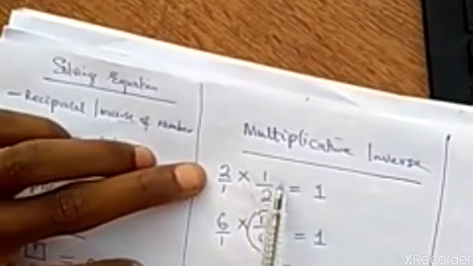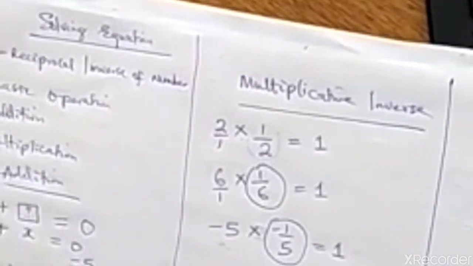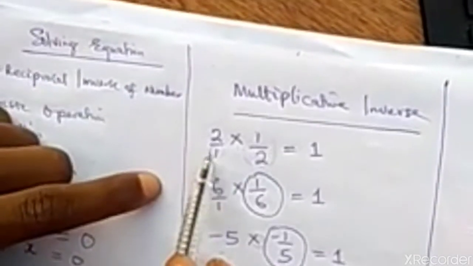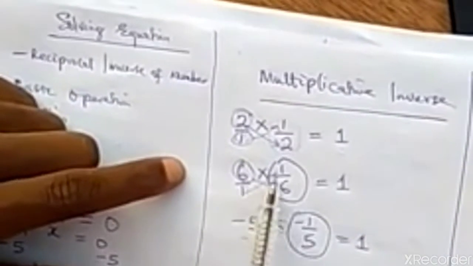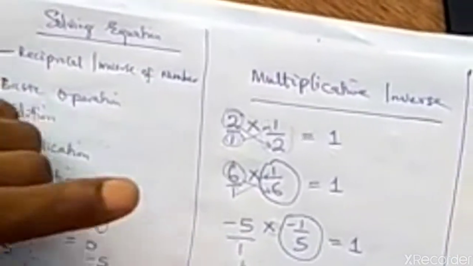And its multiplicative inverse is gotten by interchanging the values. The numerator becomes the denominator, and the denominator becomes the numerator.